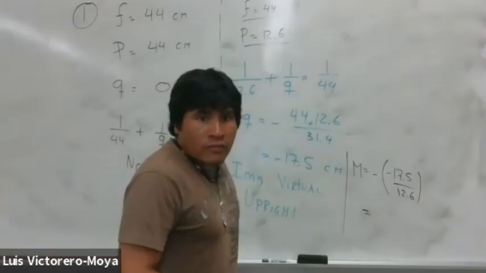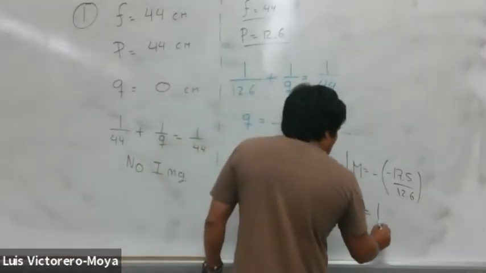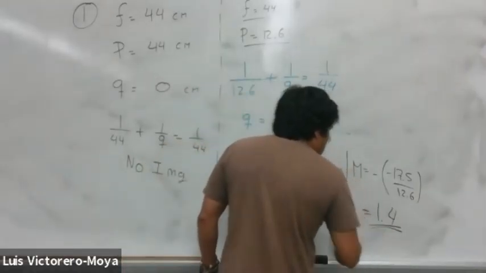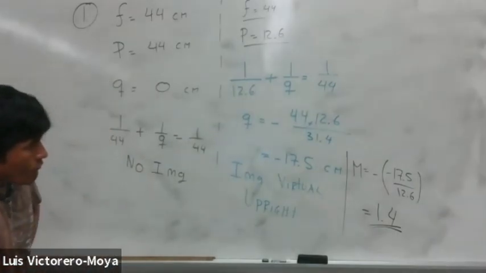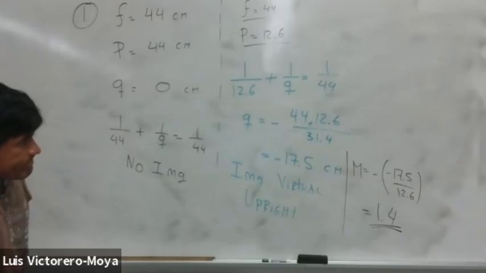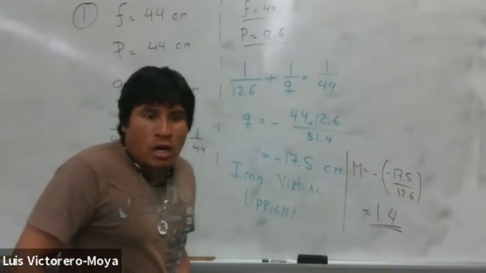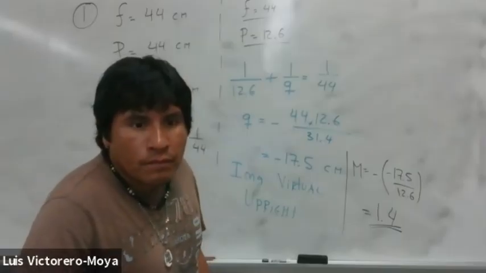So that will be a positive magnification of 1.4. Make sense? If the magnification is positive, the image is upright. It can be virtual and larger than the object. So that's the case that we also will discuss, right?